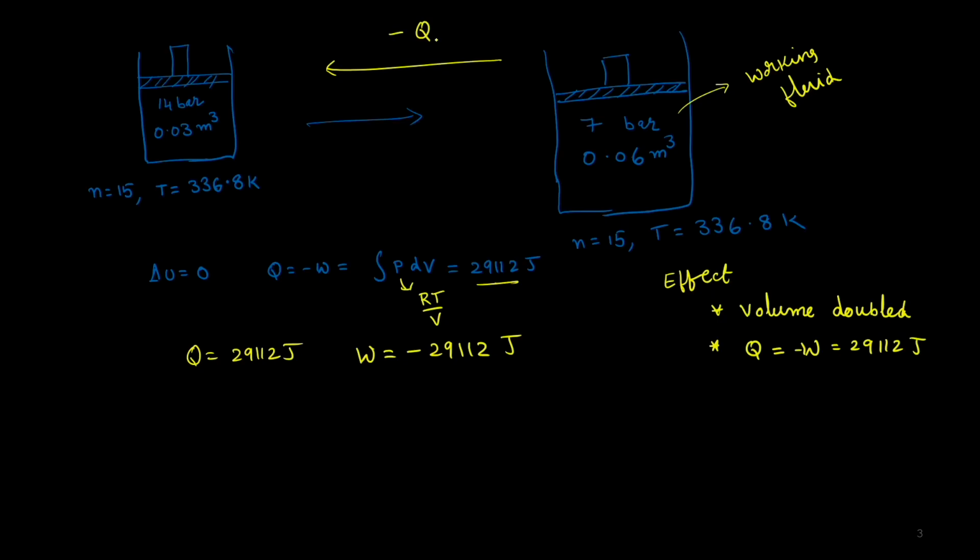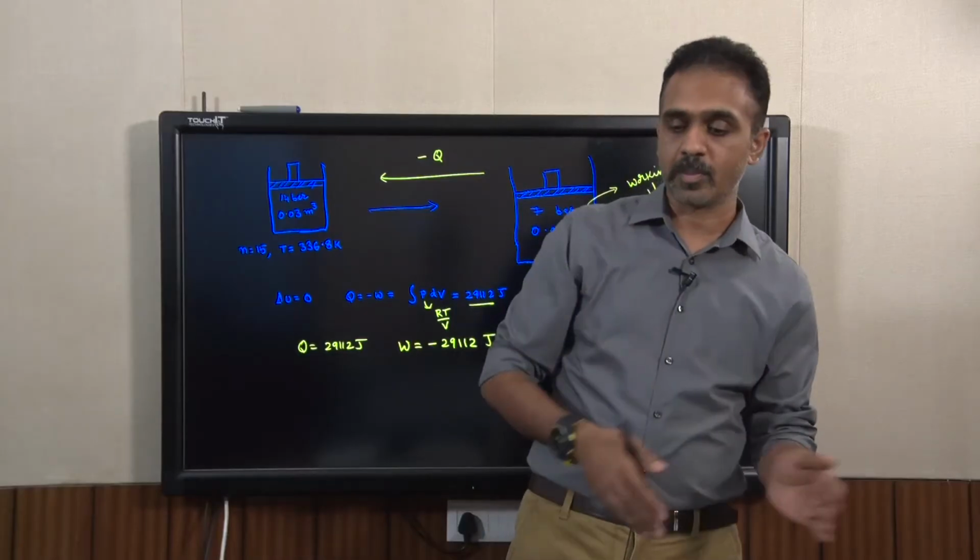The same quantity of heat out of the system, then the work would be negative of this quantity, and then you will put the system back to the original state. But the net work in that scenario would be 0, because in one direction you are extracting work, in the other direction you're putting the same amount of work back on the system.